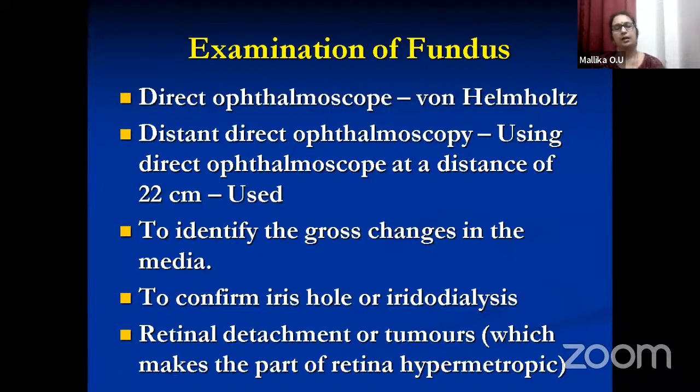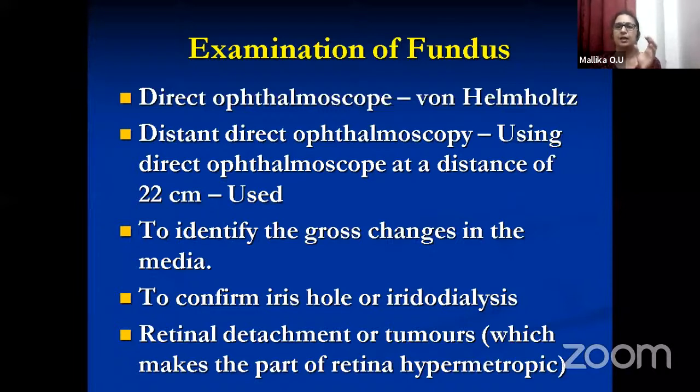When we see through the hole in the direct ophthalmoscope, there is a light source within the head of the direct ophthalmoscope, and we are shining the light from the source. It is a complex thing within the head, containing mirrors and prisms.